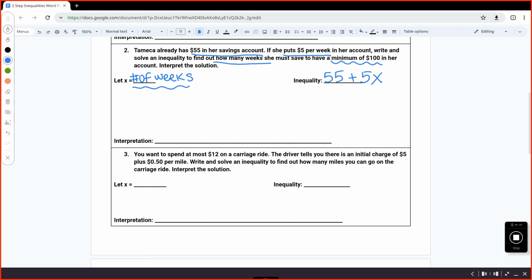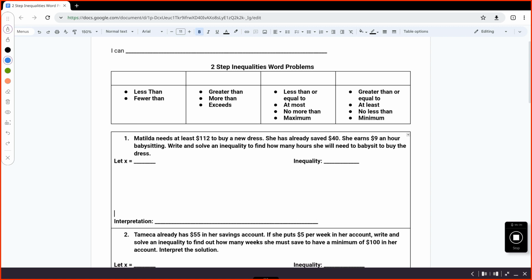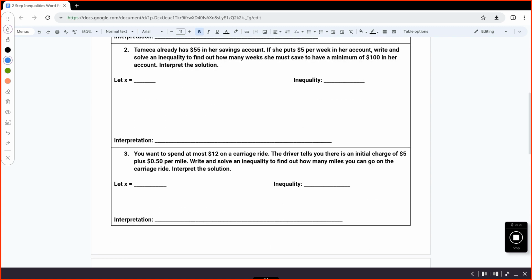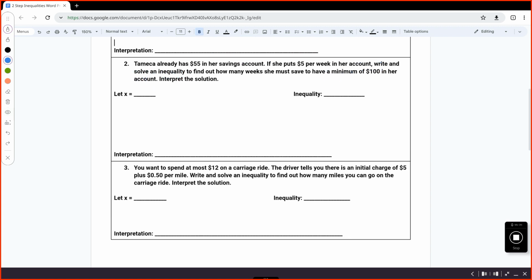So minimum, if I go back up to my keywords, minimum would have been the last column, which is greater than or equal to. So we're going to use greater than or equal to as the inequality here.